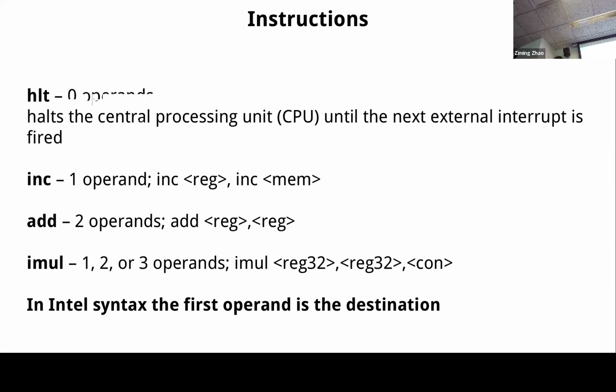So let's see some concrete examples. The first example is HLT. This instruction basically halts the CPU, puts the CPU into sleep mode. Okay. So the purpose of doing this is to save energy. For many embedded systems, the device may be deployed in the field for 10 years, 20 years, without power supply.